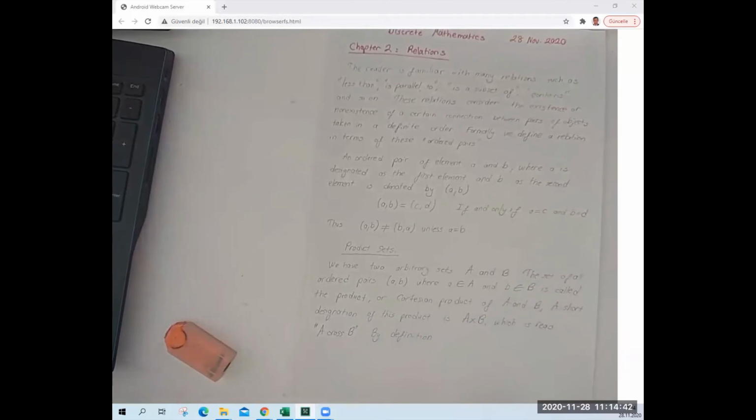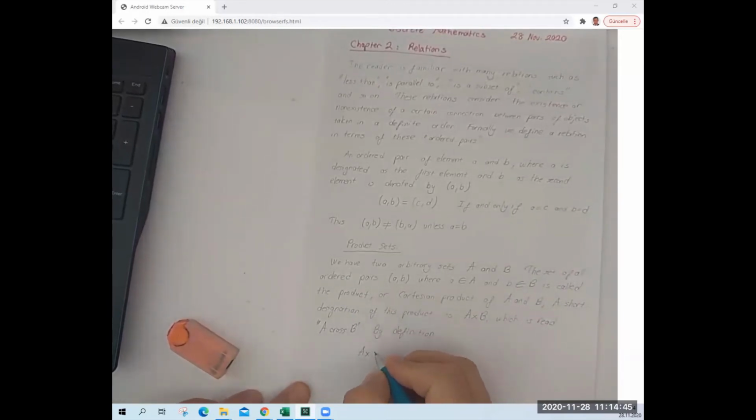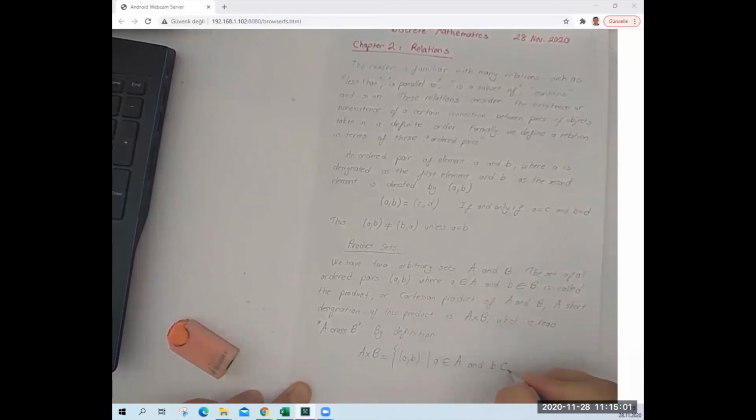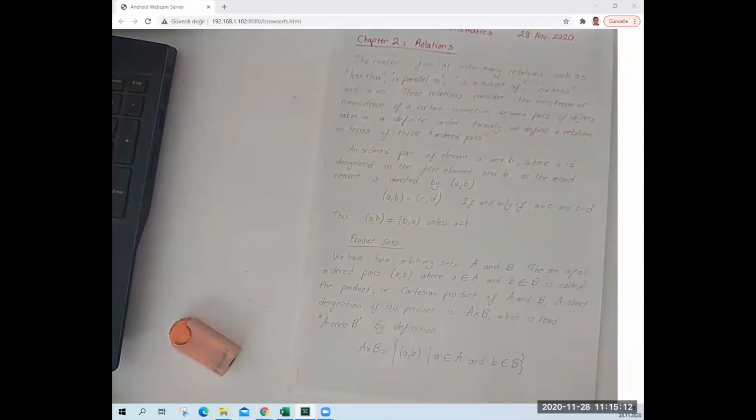We can say A cross B is equal to the set of pairs (a, b), where a is an element of set A and b is an element of set B. Okay, let's say this is page 1.